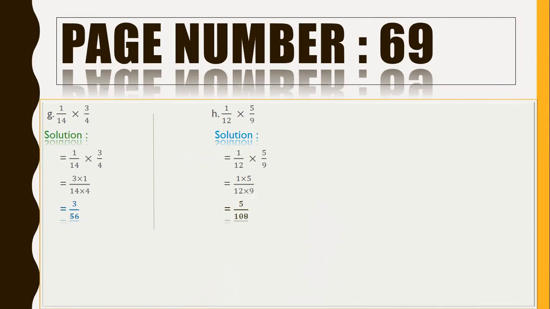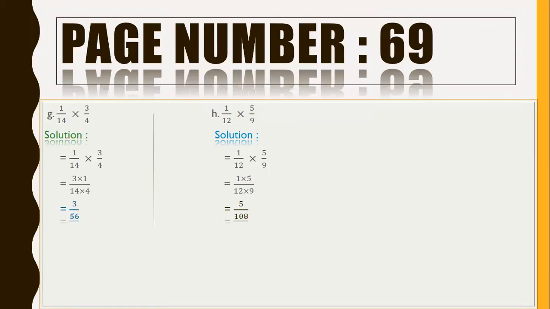So we multiply them directly, numerator with the numerator and denominator with denominator. 3 multiplied by 1 and 14 multiplied by 4. After the multiplication, we see that the answer is 3 over 56. 3 over 56 is which type of fraction? Proper or improper? Good.